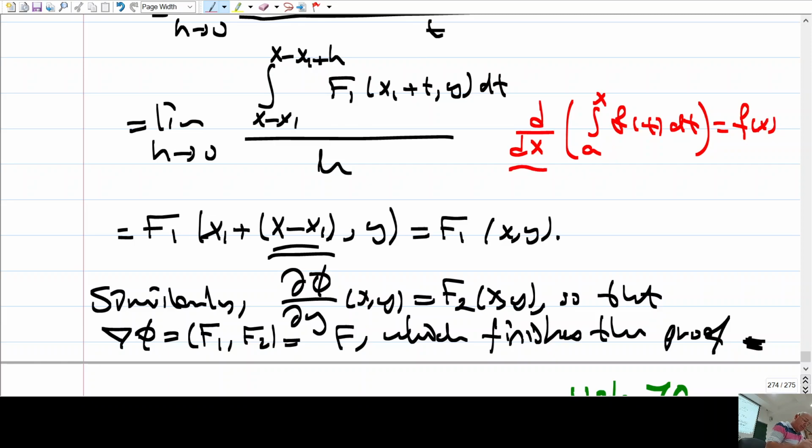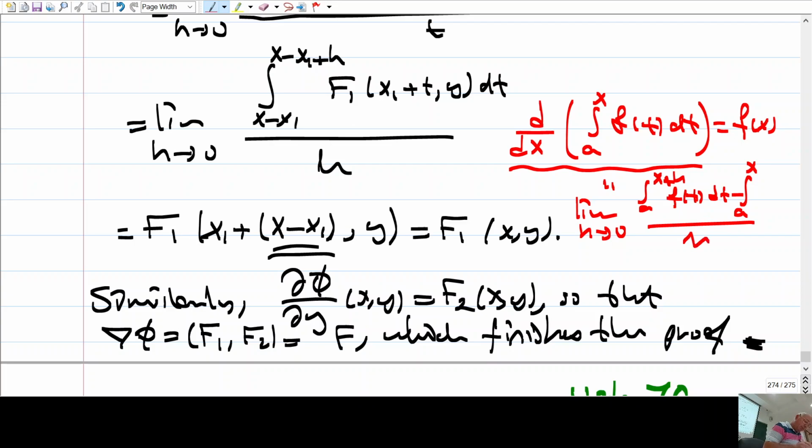But this expression can be written like this: the limit as h goes to 0 of the integral from a to x plus h of f(t) dt minus the integral from a to x, divided by h.